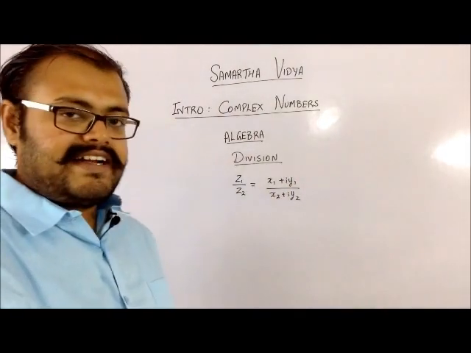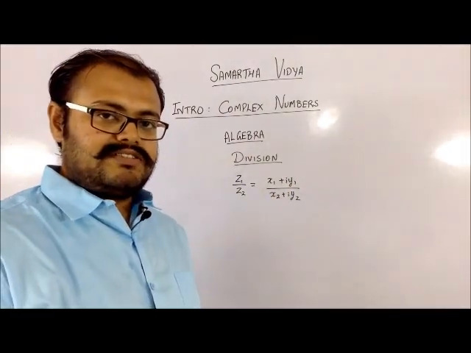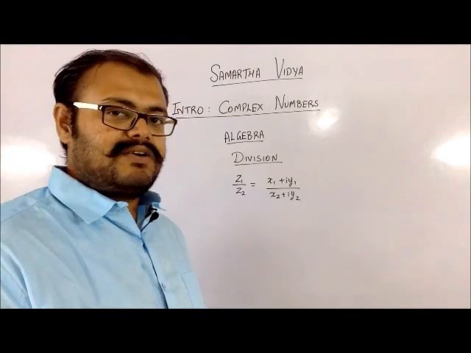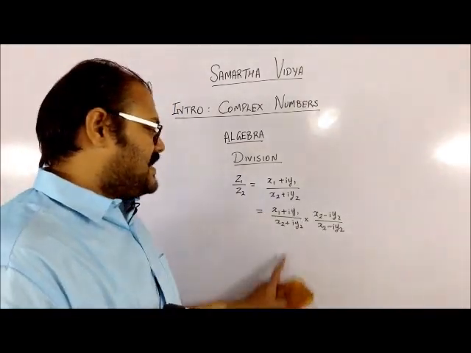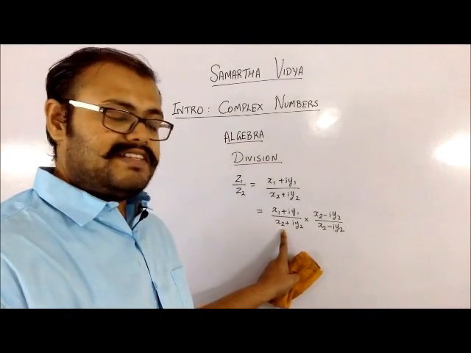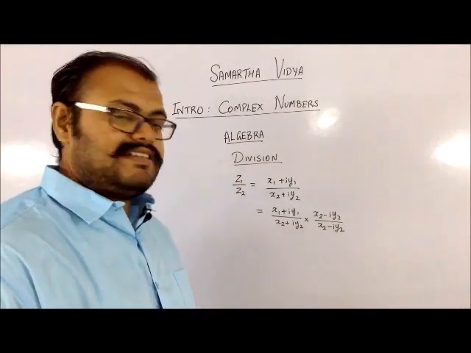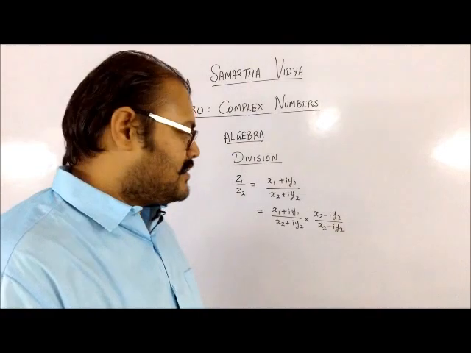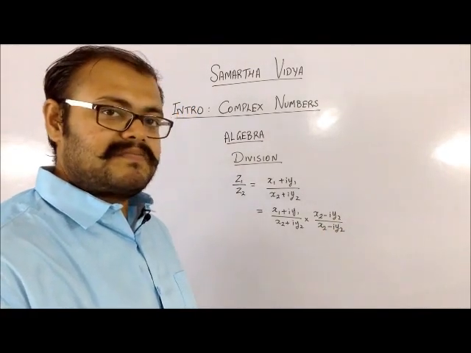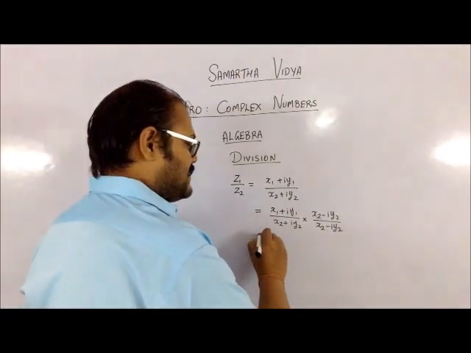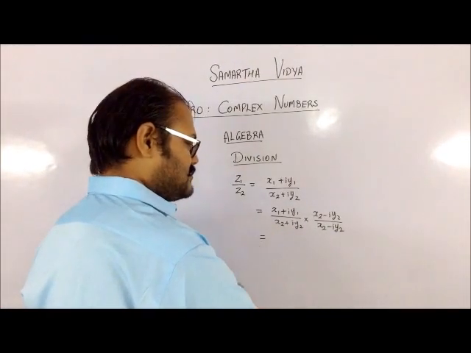Whenever you are finding this division, you multiply and divide with the conjugate of the denominator. My denominator is x2 plus i y2. You multiply and divide with its conjugate, that is x2 minus i y2. This is the same thing as rationalization of the denominator.